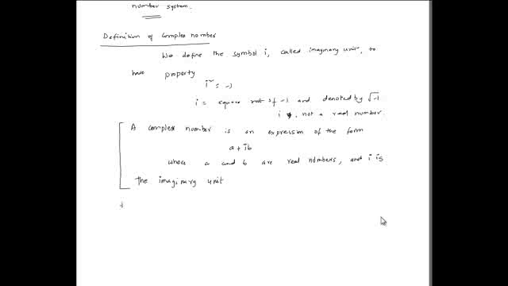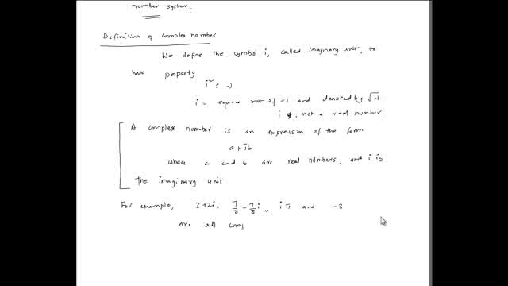For example, 3 plus 2i, 7 by 2 minus 7 by 3i, 5i, and minus 3 are all examples of complex numbers.